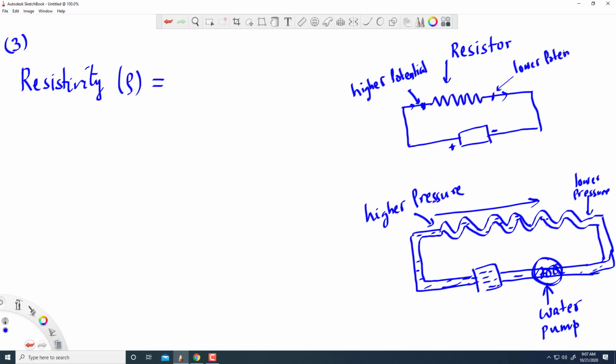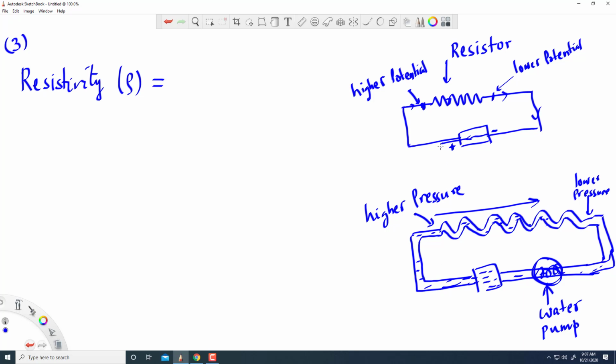Now we have this potential difference, and because of it the current will flow through the resistor, as well as through all the parts. Not just through the resistor, the current flows through the wire and also through the battery. So it circulates all around the circuit.